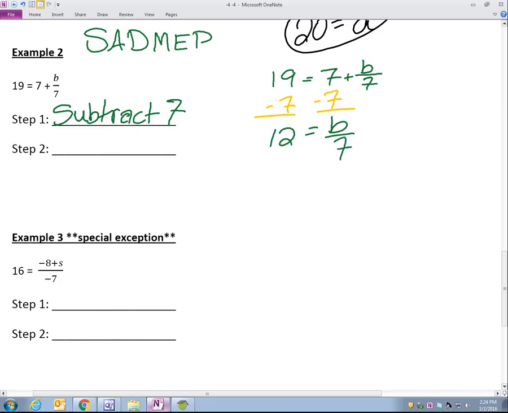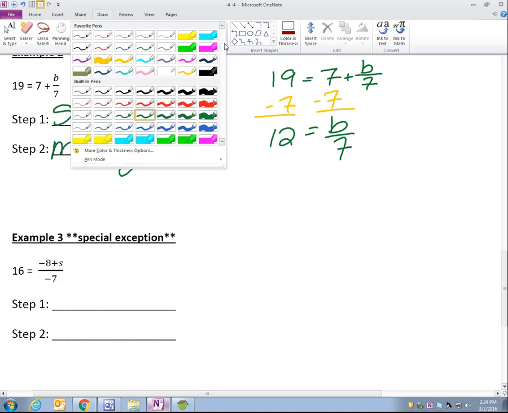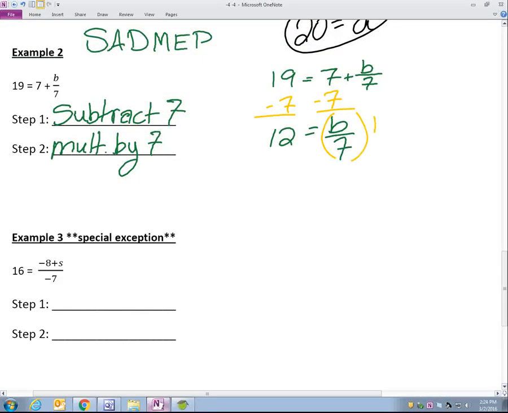What's my next step now? Multiplication. I have to multiply by 7. The reason I'm doing multiplication is because it's the inverse of division, and I need to get b by itself.